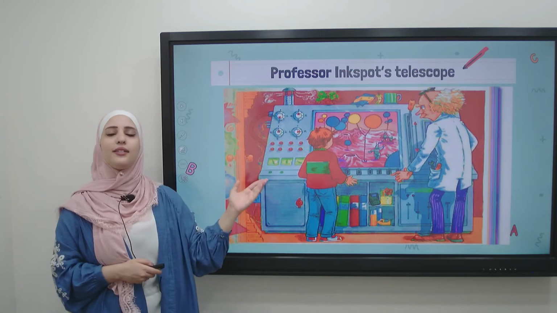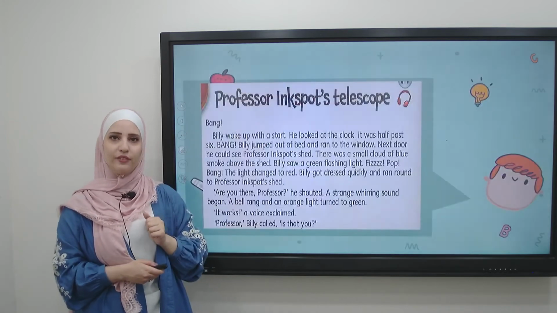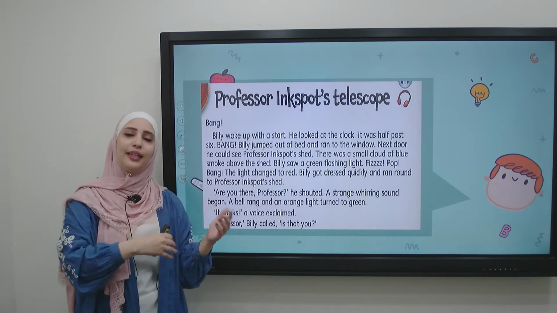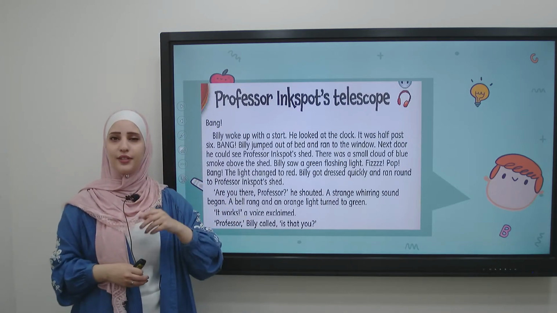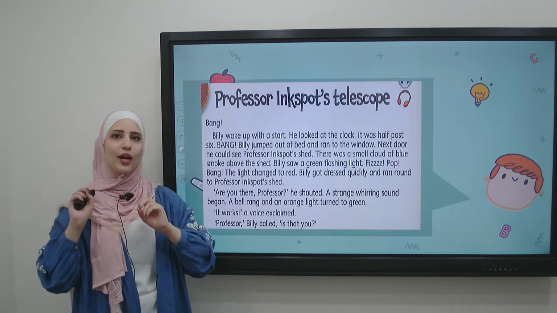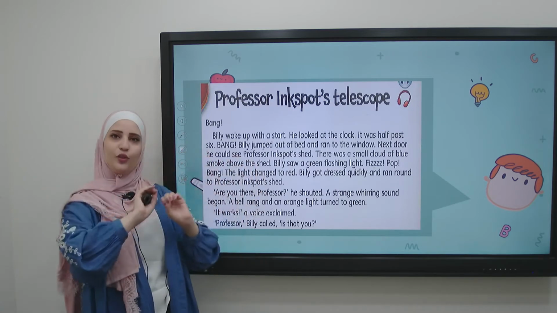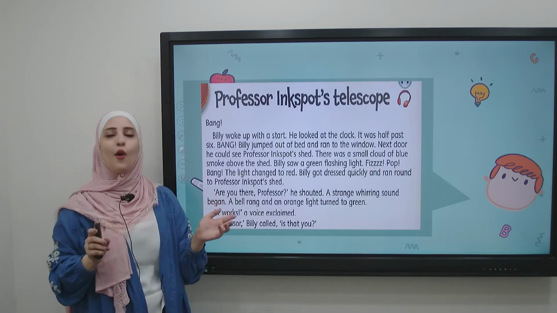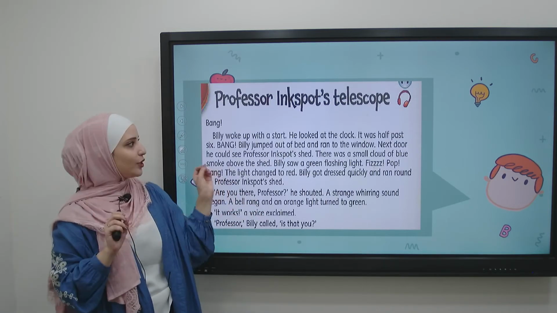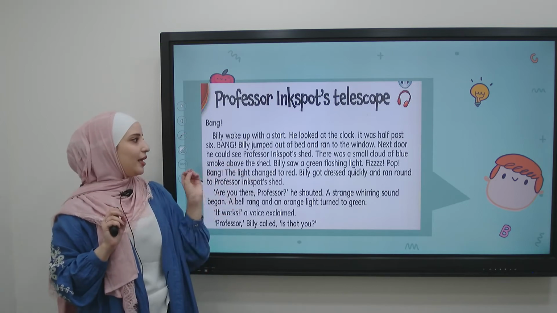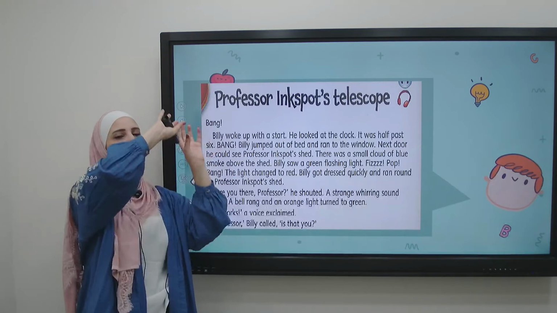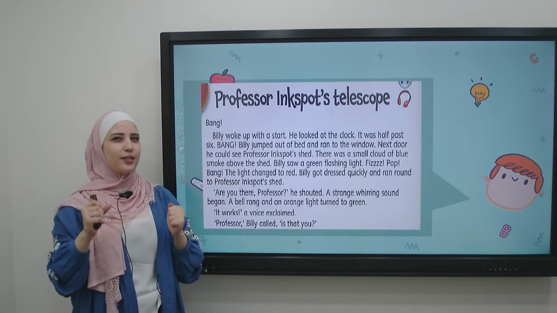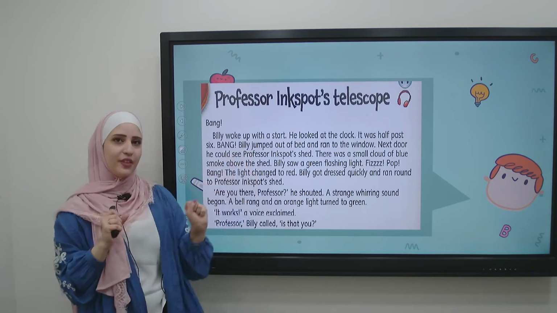Okay, so let's get started with the first paragraph. Billy woke up with a start, which means quickly, and he woke up at 6:30. Once he woke up, he ran to the window to see what's happening outside. So he saw Professor Inkspot's shed and a small smoke above the shed. He was so surprised and excited to see what's happening there.